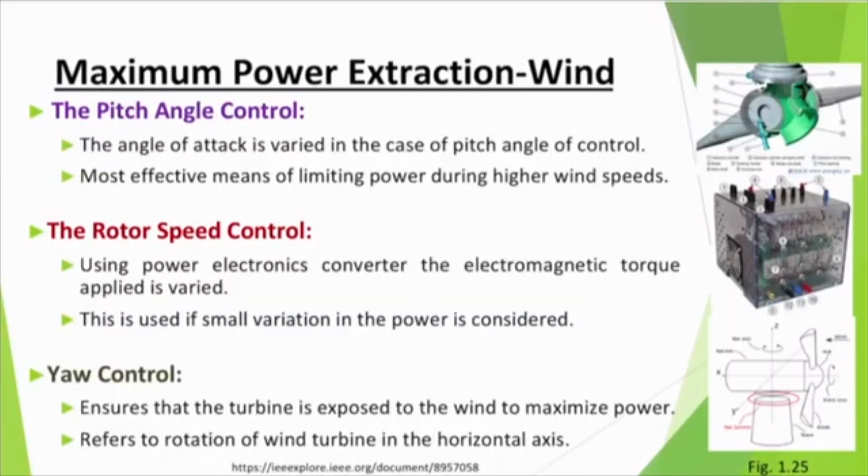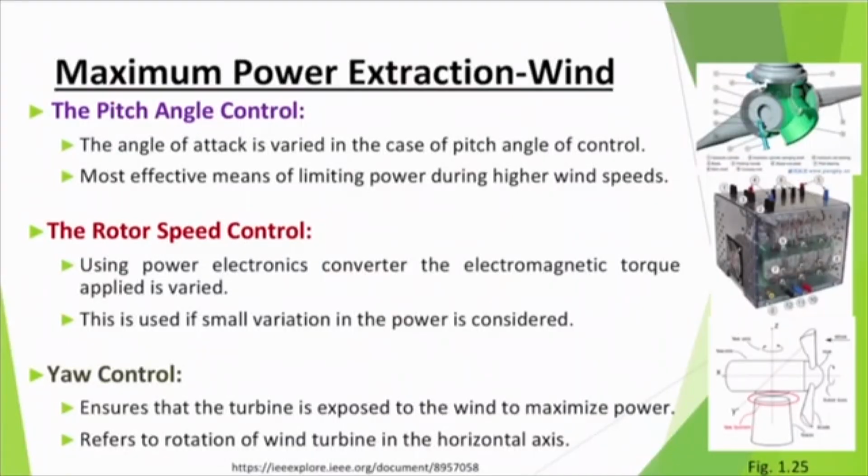Now, how do you extract maximum power from a wind generator? There are different technologies through which you can extract maximum power. The first important one is pitch angle control. The angle of attack is varied in pitch angle control, so you can control the pitch angle to extract the maximum power. It is the most effective means of limiting power during higher wind speeds.